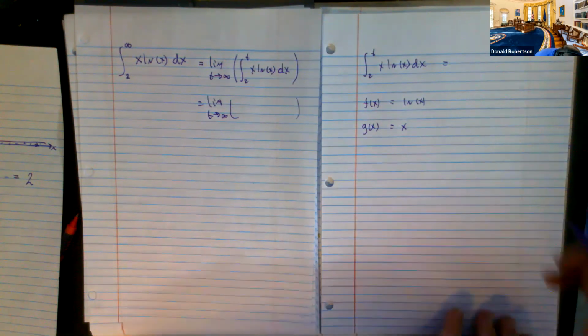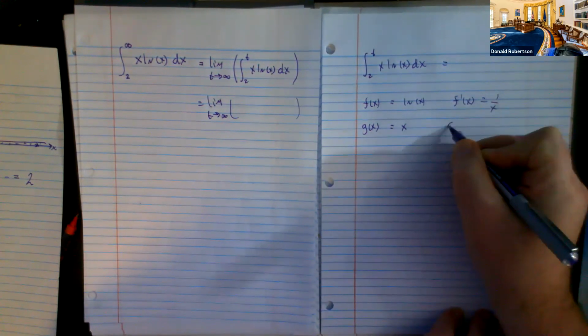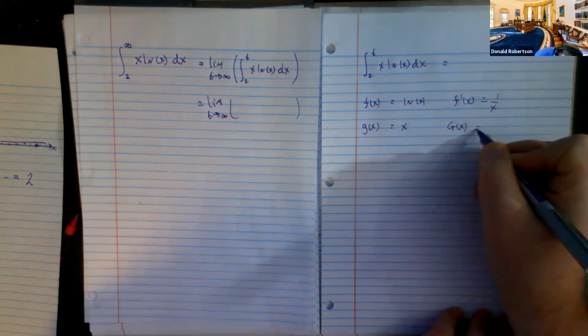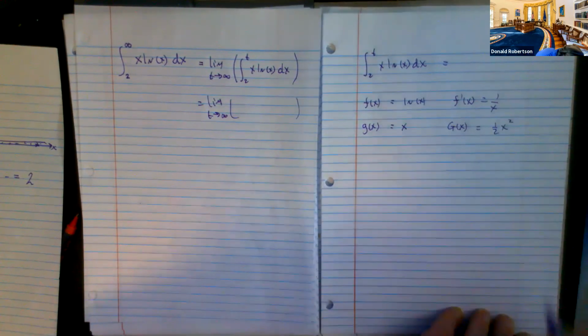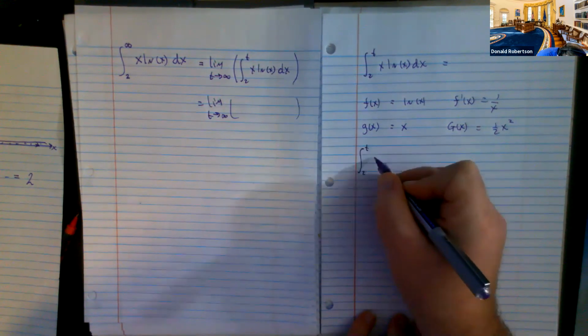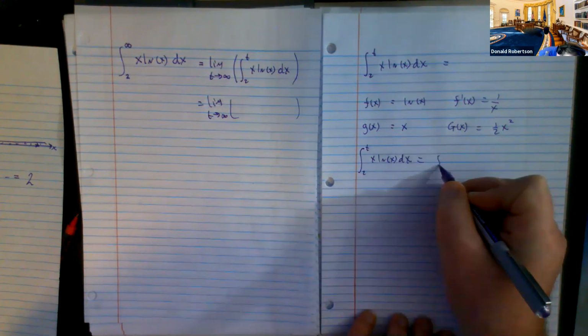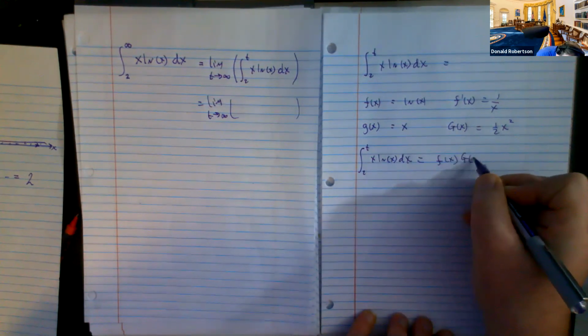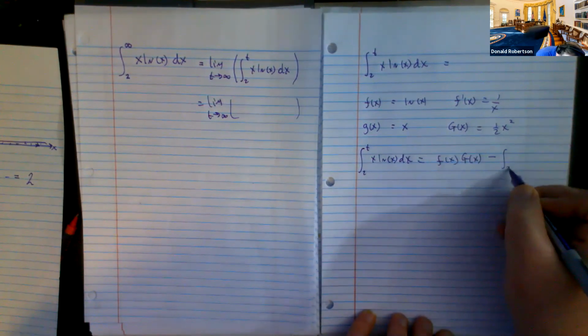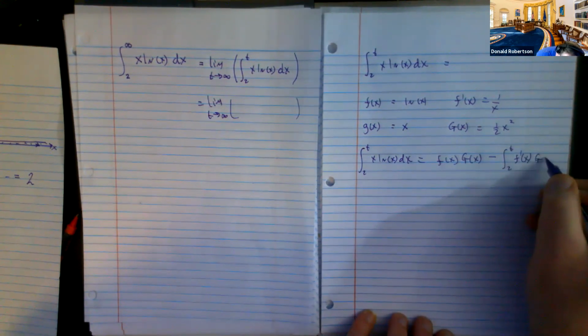Now, the derivative of this guy is 1 over x, and the antiderivative of this guy is 1/2 x squared, right? And the fella that we're trying to do, which is this fella, is f of x, capital G of x, take away the integral of f dashed x, capital G of x, dx.